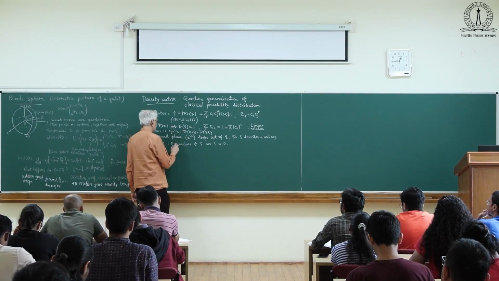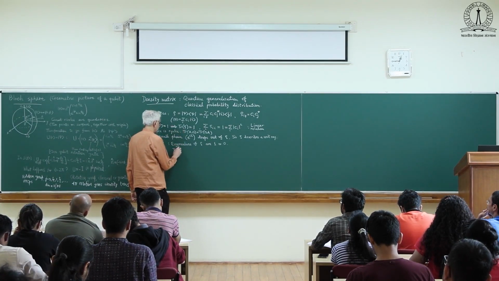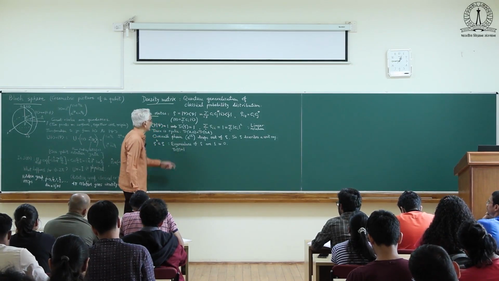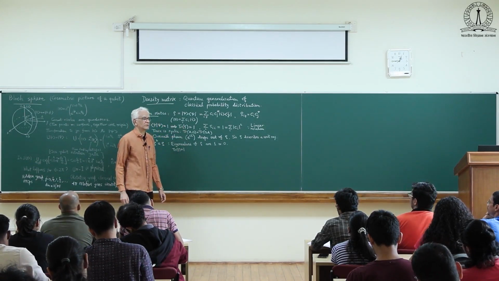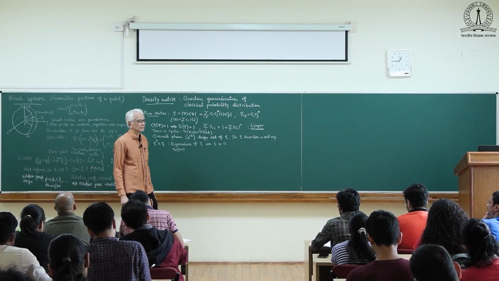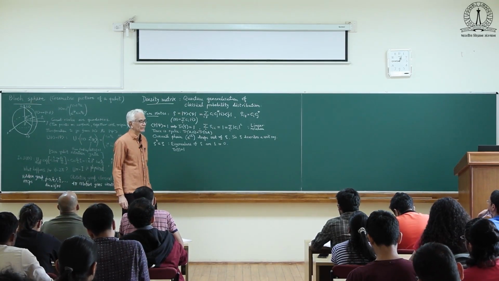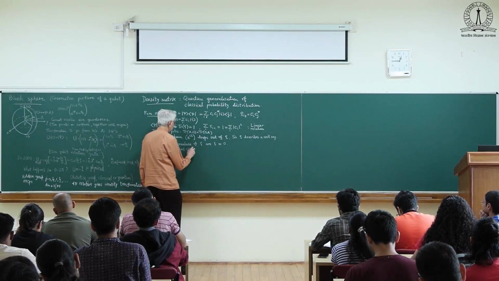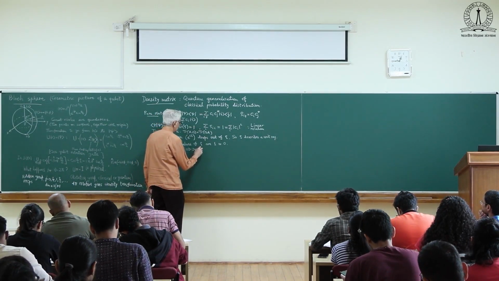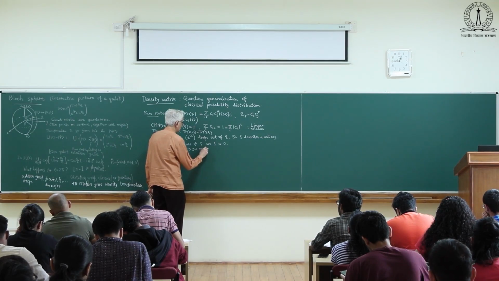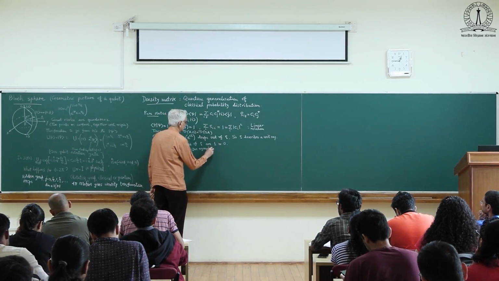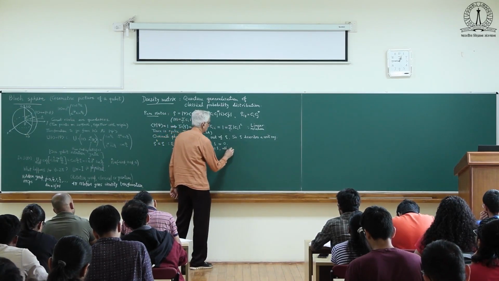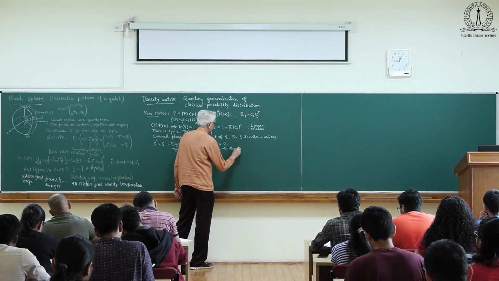On top of that, trace is nothing but the sum of all the eigenvalues. So one eigenvalue is 1, all other eigenvalues are 0.